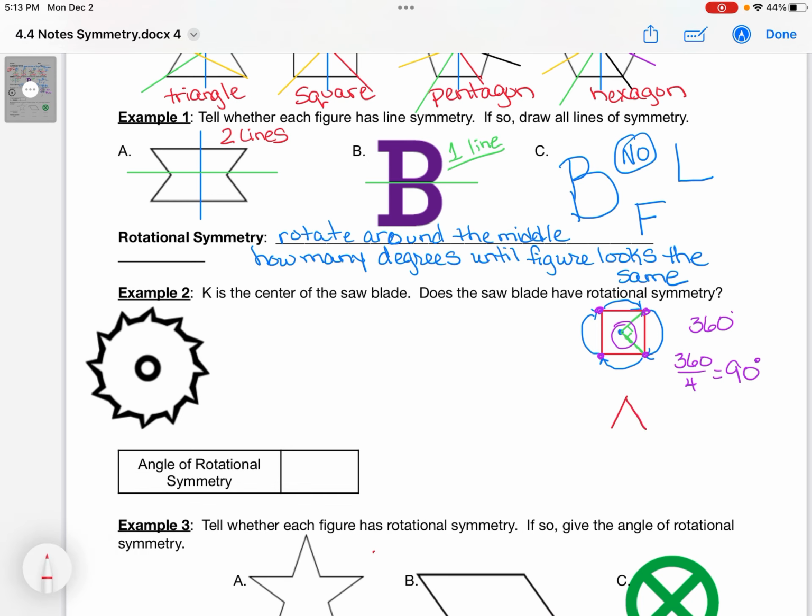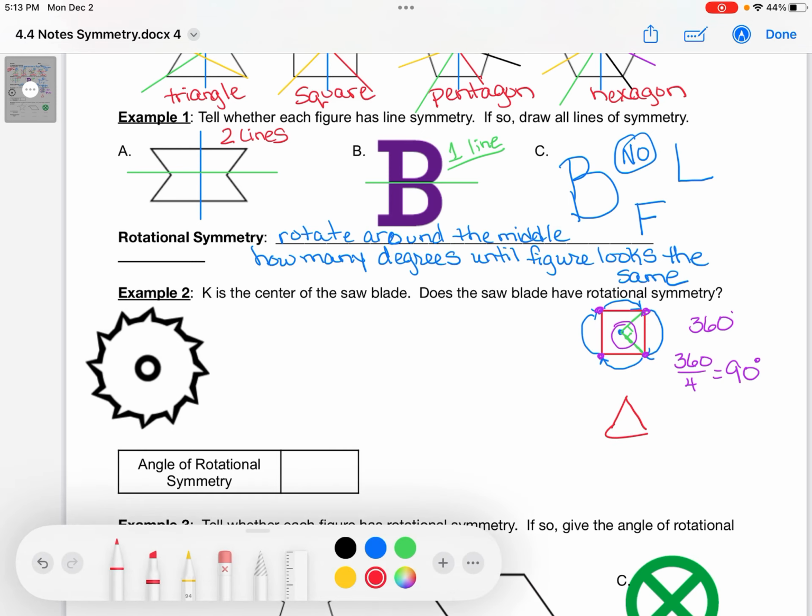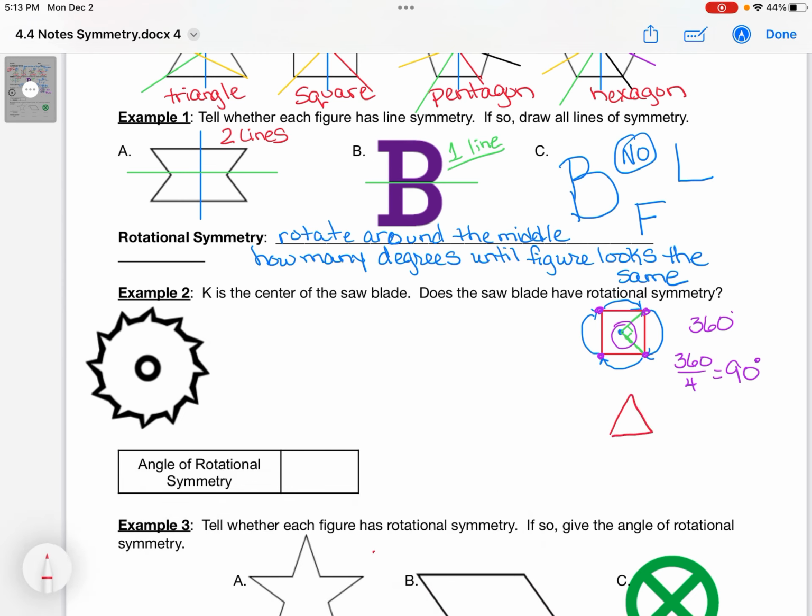I can do the same thing with a triangle. See if I can make a triangle. There we go. Okay. Again, we're going to have the point in the middle that I'm rotating around. And if you think about this corner moving to here, this corner moving to here, and this corner moving to here, there's 3 corners or places where I could stop when I'm rotating, and it would look exactly the same.